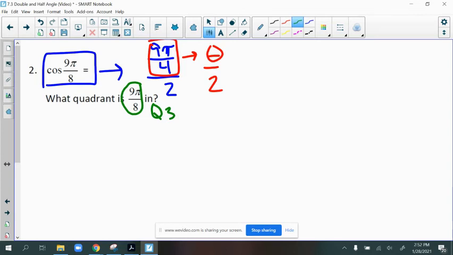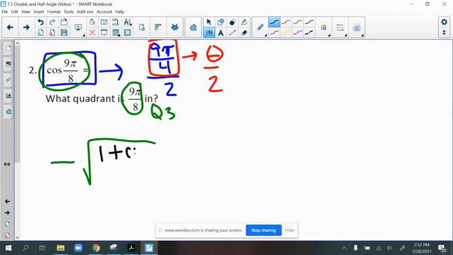And we know because we're in quadrant 3, the cosine should be negative. So there is a negative outside the square root, because that is what I want. The cosine of 9 pi over 8, whatever it turns out to be, it better be negative because it's in quadrant 3.